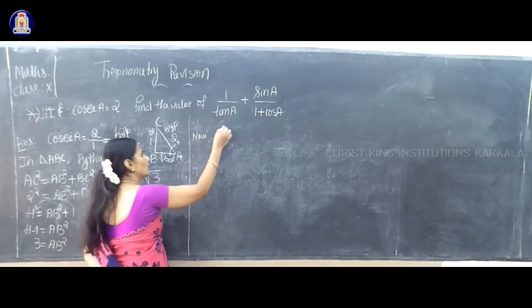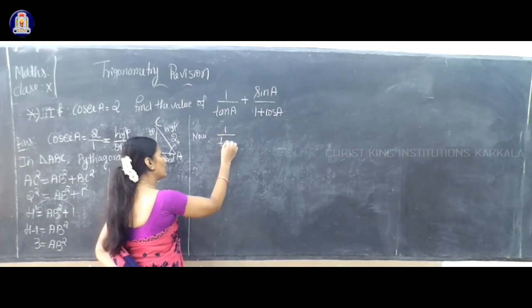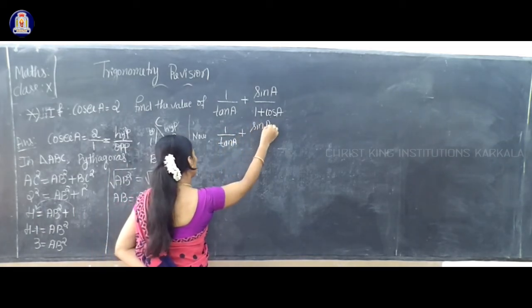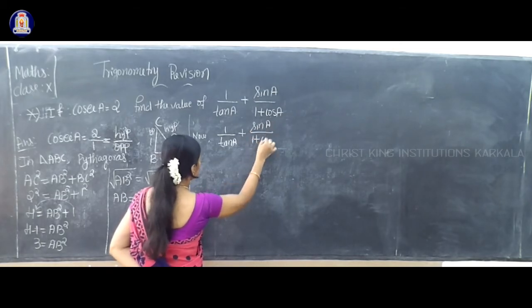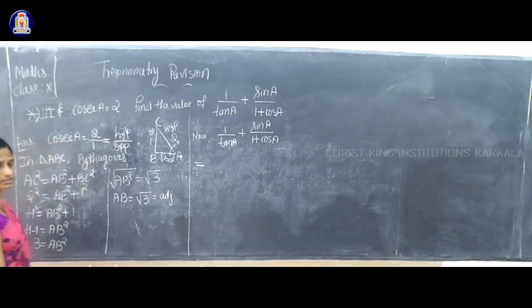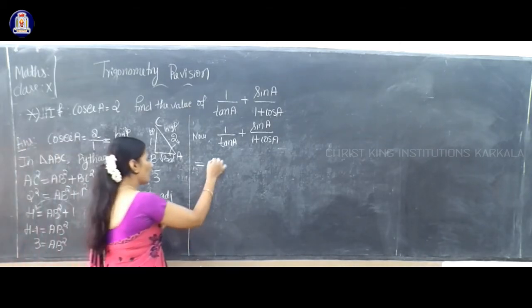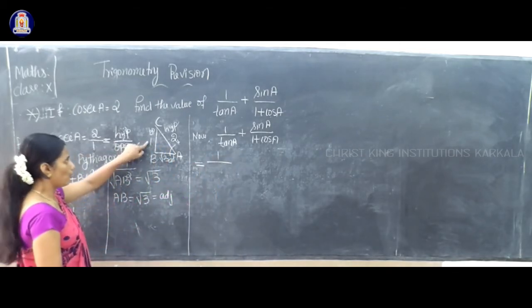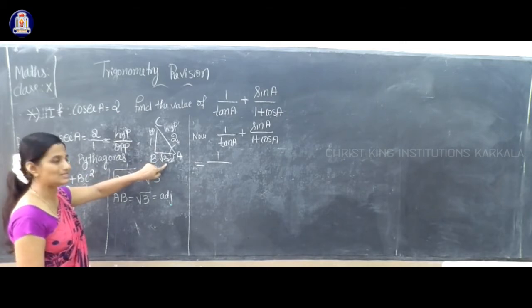Now find this one: 1 divided by tan A plus sin A divided by 1 plus cos A. Right? Now substitute the definitions or values of that sin, cos and tan. So it is 1 divided by, what is tan A? Tan A is opposite side divided by adjacent side.